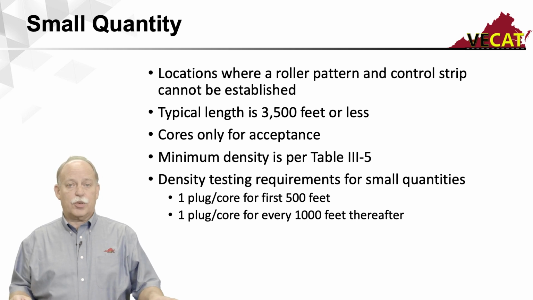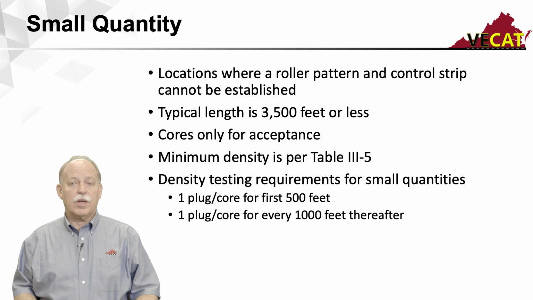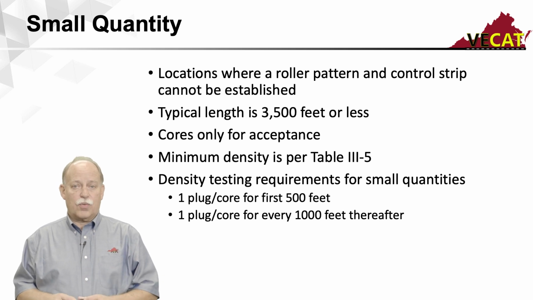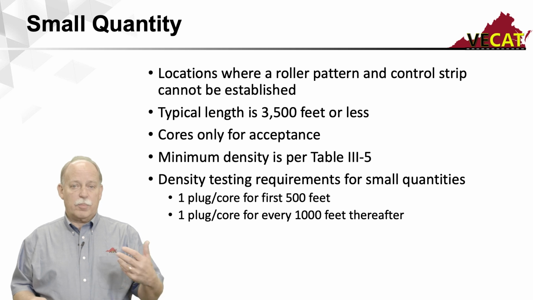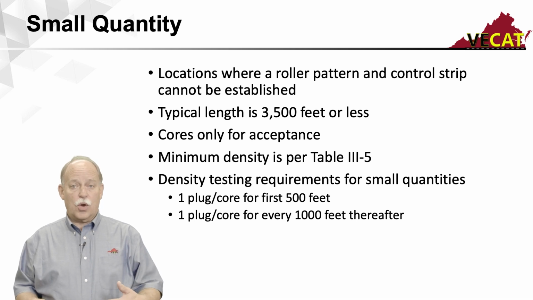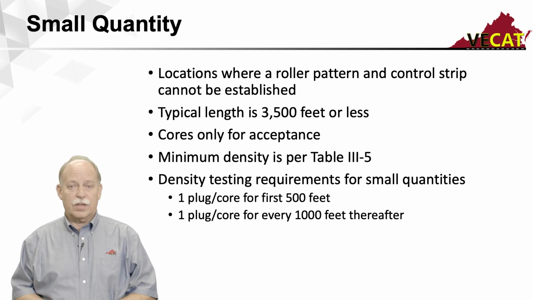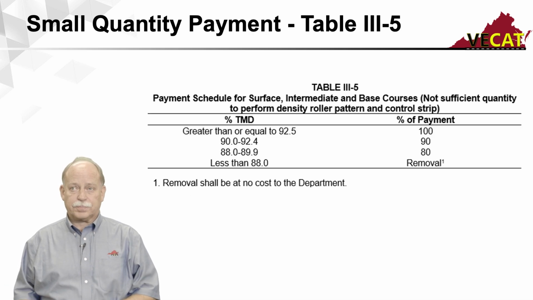So acceptance is purely based off of cores at that point, and those are compared back to your rights numbers, and we'll go through that step later on, so you'll fully understand how to follow that process. But again, for small quantities, typically 3,500 feet or less, you have a minimum density and you're using cores only. You're not using that roller pattern and control strip because you just don't have enough length to actually create that.